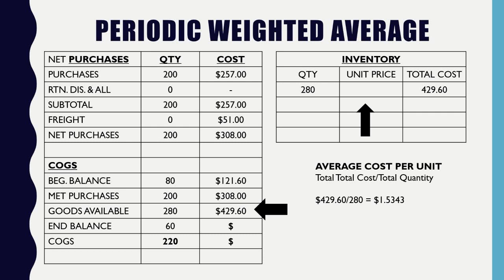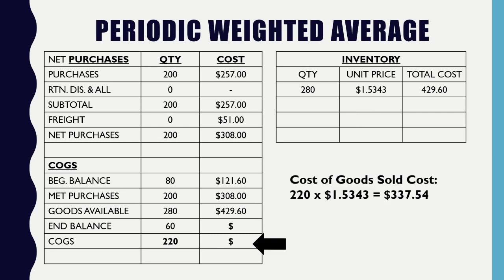This is where we're going to teach you how to use that formula to get the answer that you are looking for, okay? So in this case, all I need to do now is, well, if I sold 220 units and I know what my average cost is, if it's $1.5343, that's going to give me a total of $337.54, okay?